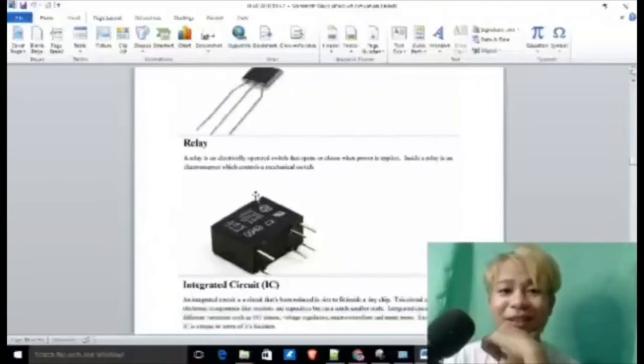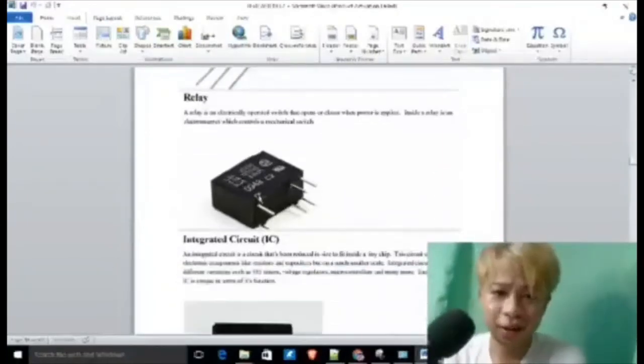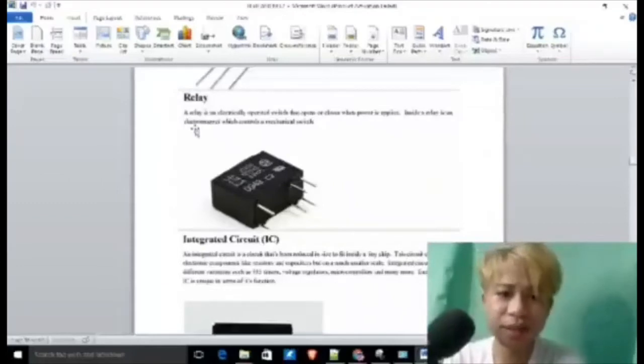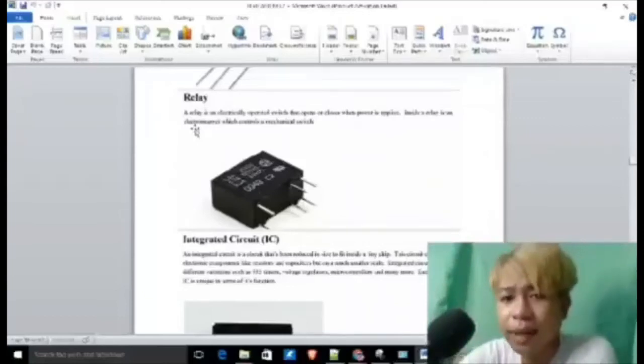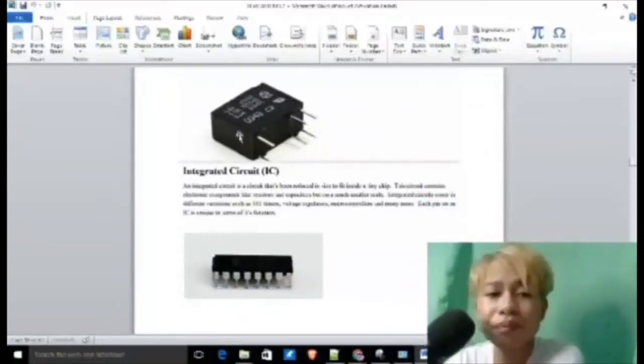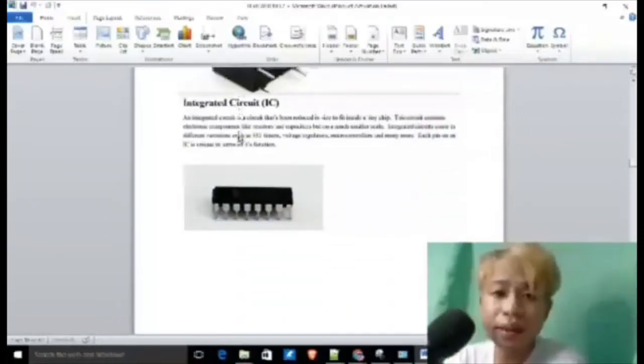So, relay. It's an electrically operated switch that opens or closes when power is applied. Integrated circuit, IC. I still haven't seen this in person, but I'm hoping to see it.